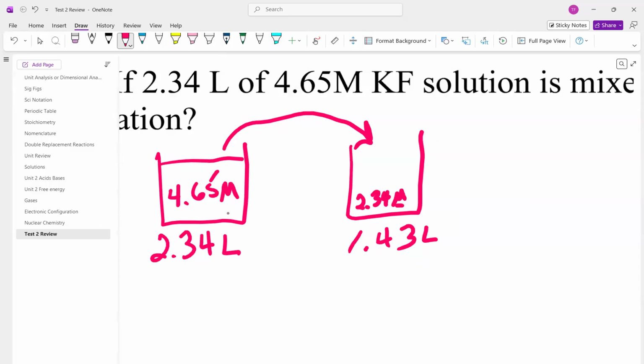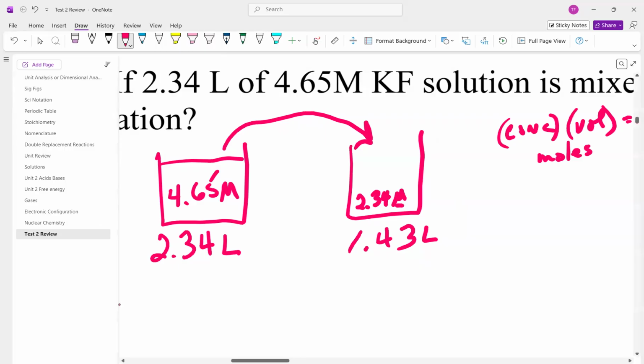Now, if you remember, concentration times volume equals moles. For the final concentration, we need to know the moles and the volume. So moles are going to be these two multiplied together plus these two multiplied together, and that'll give us total moles. So 465.